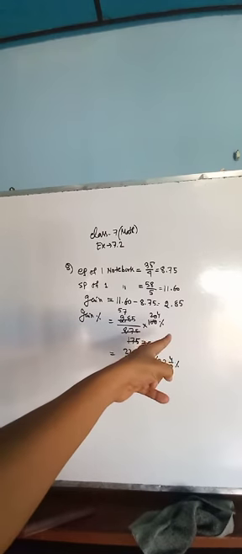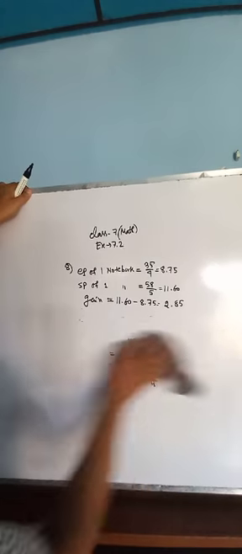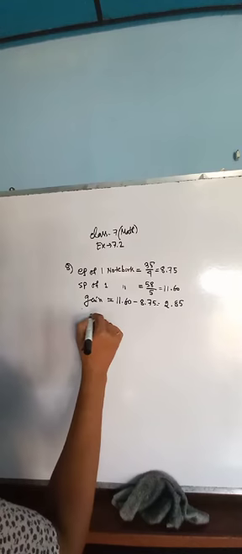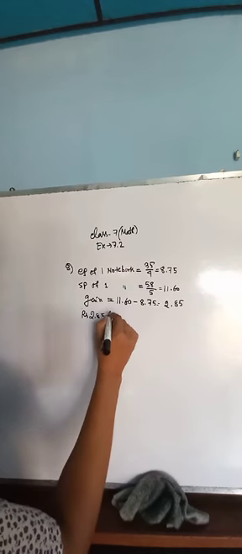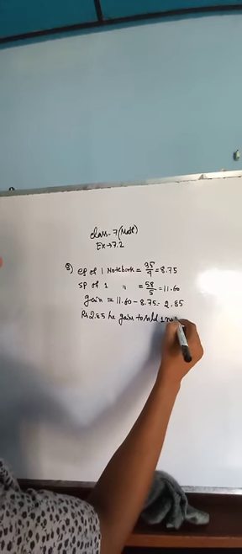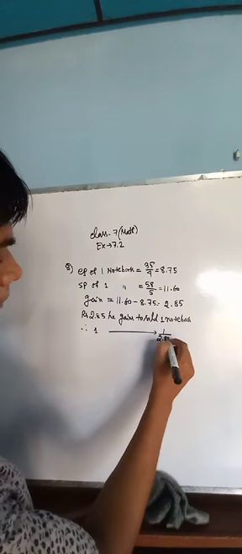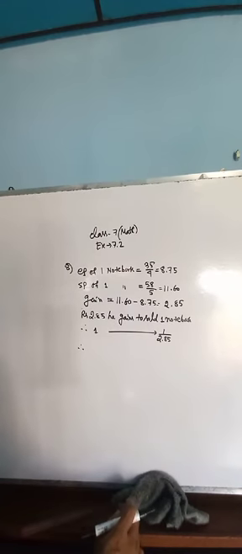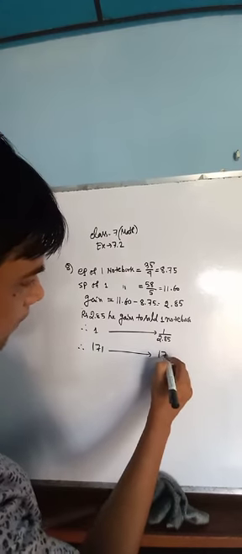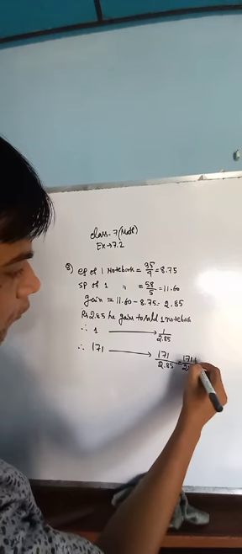From one notebook sale, you earn 2.85. So to gain 171, the number of notebooks is 171 by 2.85, which is 285 into 100.